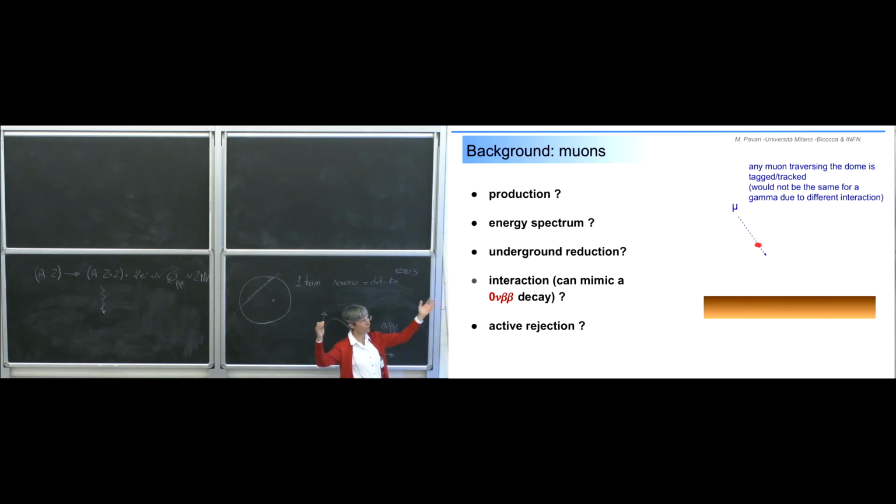Therefore, your veto needs to be quite large, and therefore you have to choose something that is affordable also from the point of view of the cost. And that is a good solution.